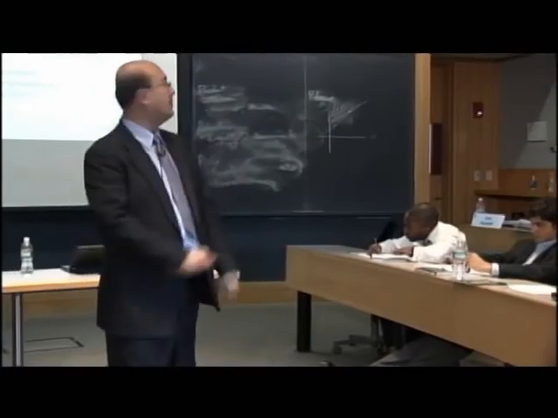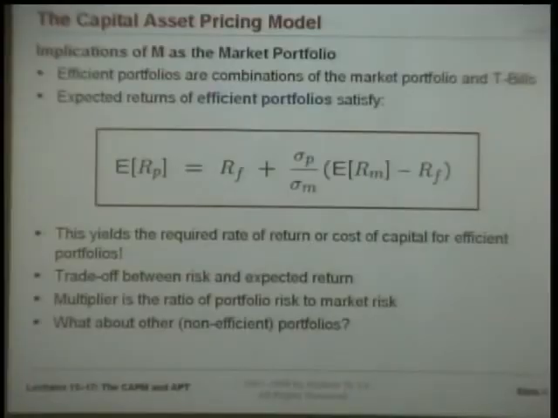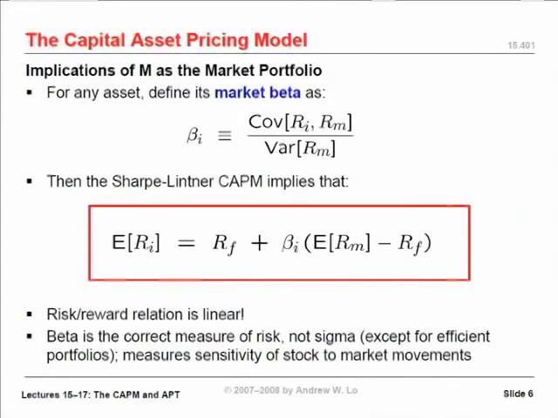But it turns out that this particular multiplier is no longer the right one to use. It turns out that the right parameter to plug in there is something called beta. And now you've heard all about beta, I'm sure, but now I'm telling you exactly what beta is.